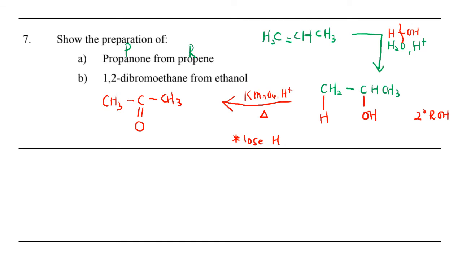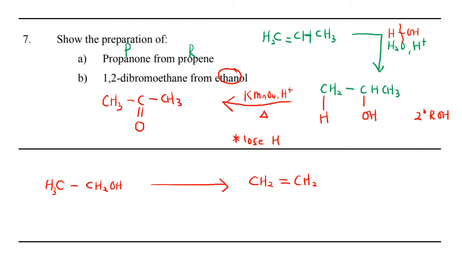Next, we are going to proceed to B, which is ethanol to 1,2-dibromoethane. From ethanol, 2 carbons, CH3, CH2OH, it will undergo dehydration to produce ethene, which is CH2, CH2.